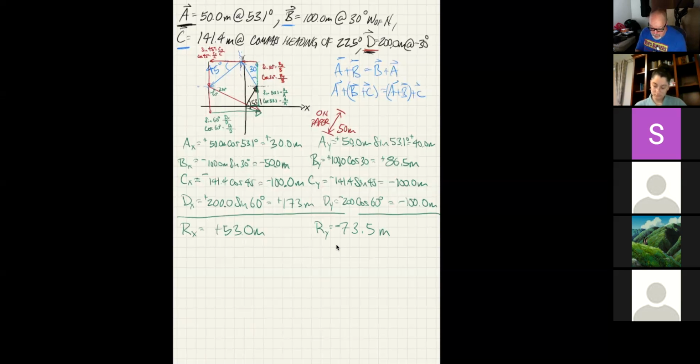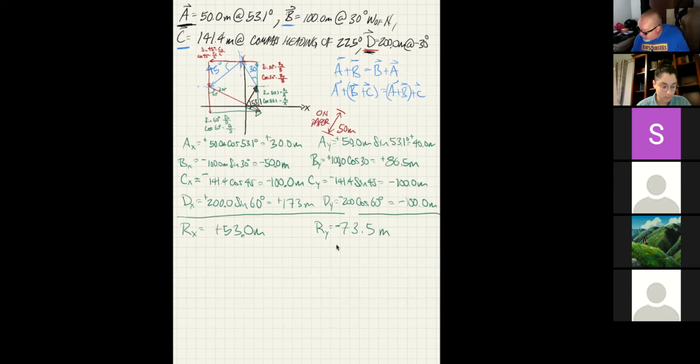I'll need to try it real quick just to make sure. 40 plus 86.5 minus 100 gives me 73.5 negative, and 30 minus 50 minus 100 plus 173 gives me 53.0. So both of those are good.